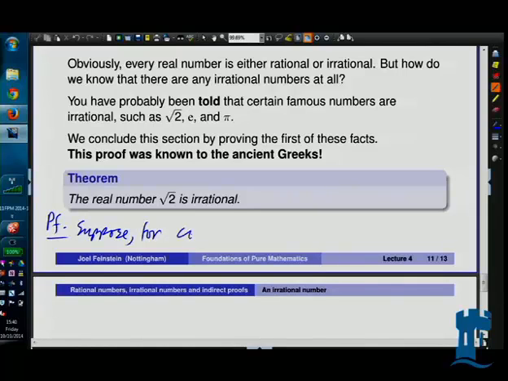Suppose for contradiction that the square root of 2 is in Q. That's the same as saying it's rational. Okay?